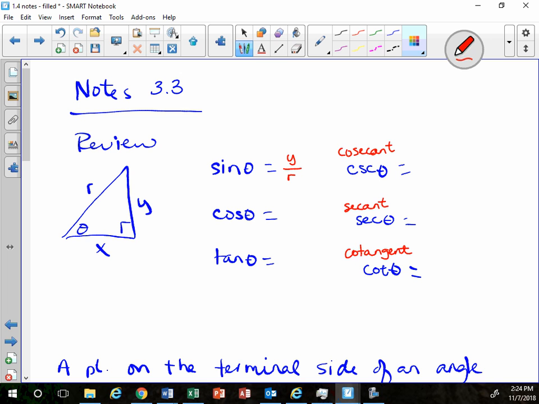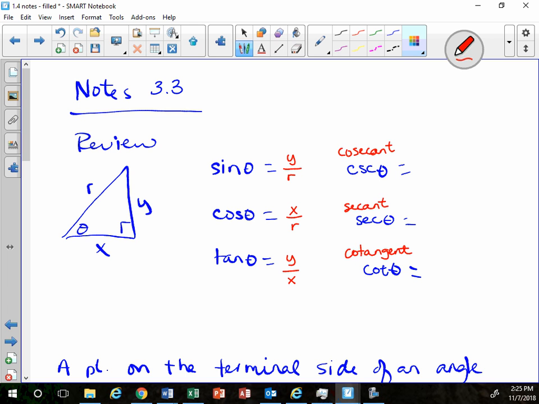X over R. Tangent of theta? Y over X. Good. Those are not bad, right? You know those because you learned them earlier today.